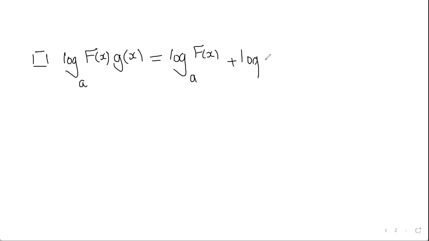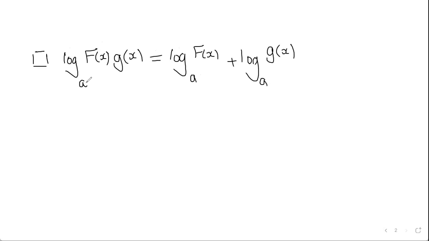We said that the first case is that the log of f of x, a product with another function, with the base a, you can decompose it into the log of 2 different functions. We are going to see these identities over and over again.